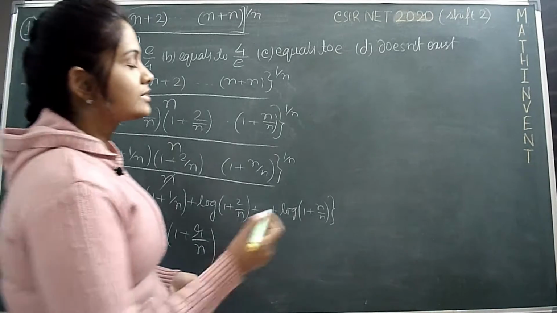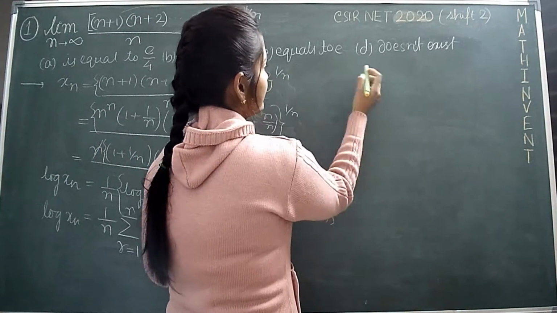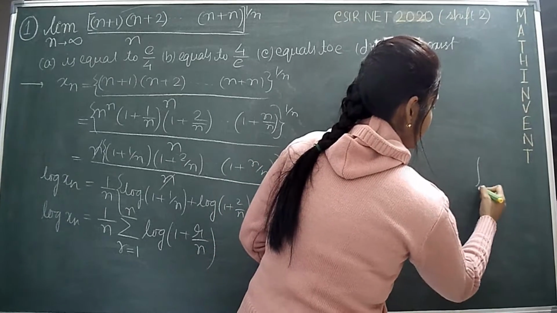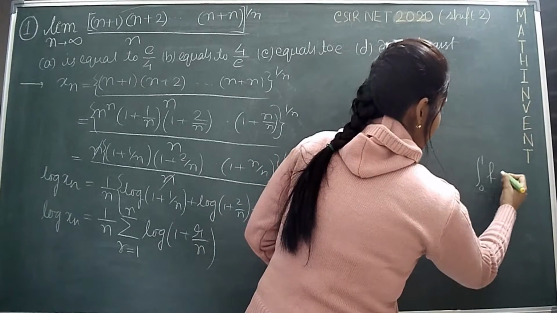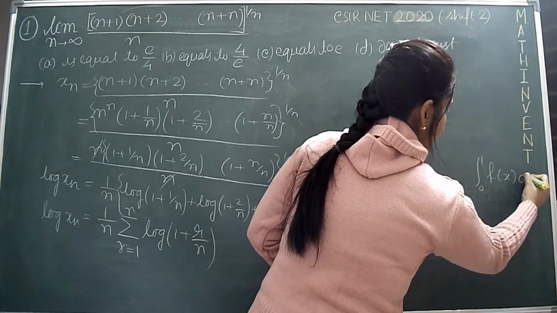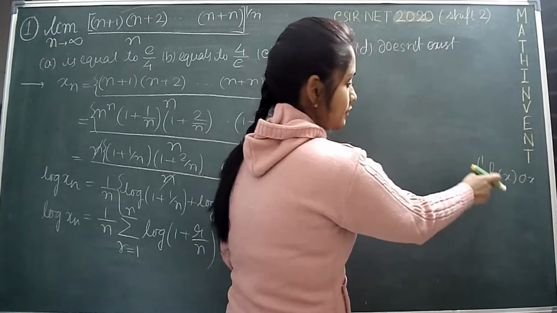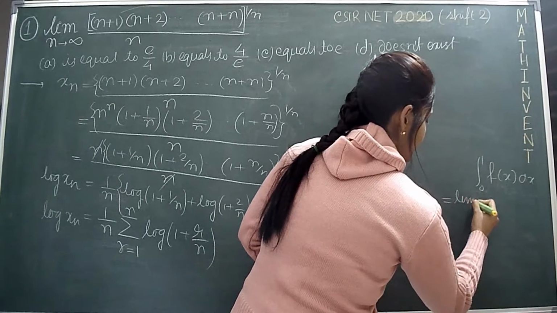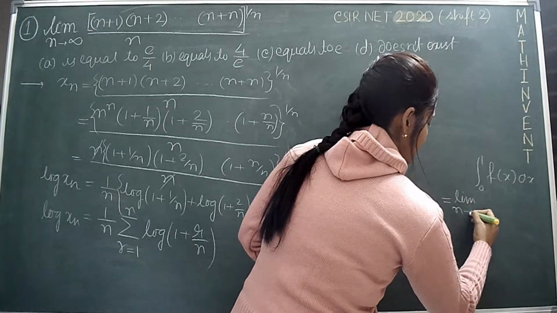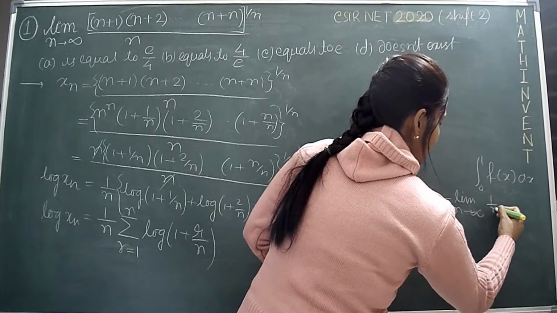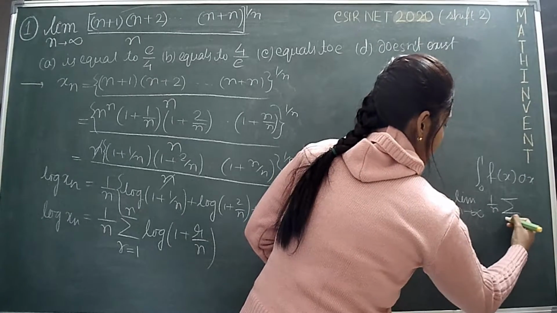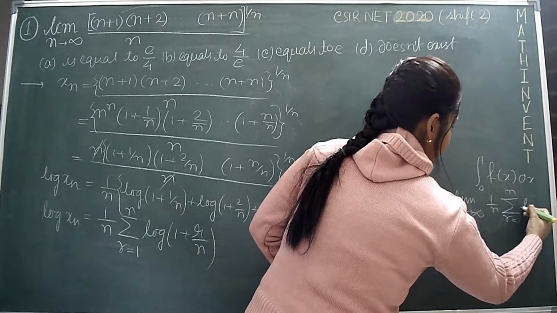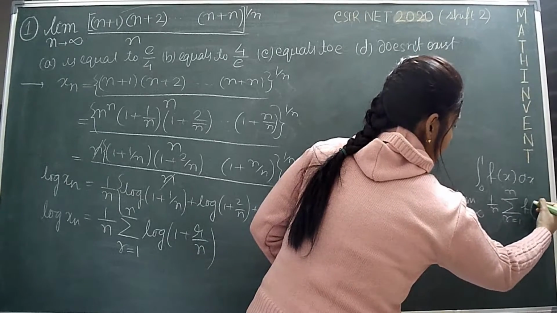From the 12th standard we know a standard result for the definite integral: integration 0 to 1 of f(x) dx equals limit n tends to infinity of 1 by n, summation r runs from 1 to n, f of r by n.